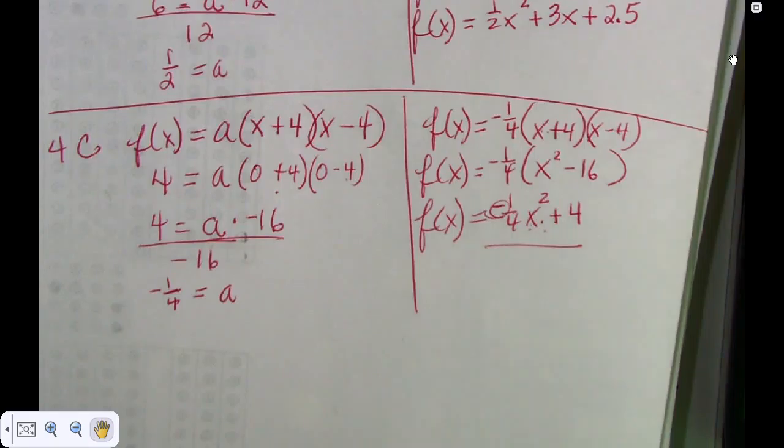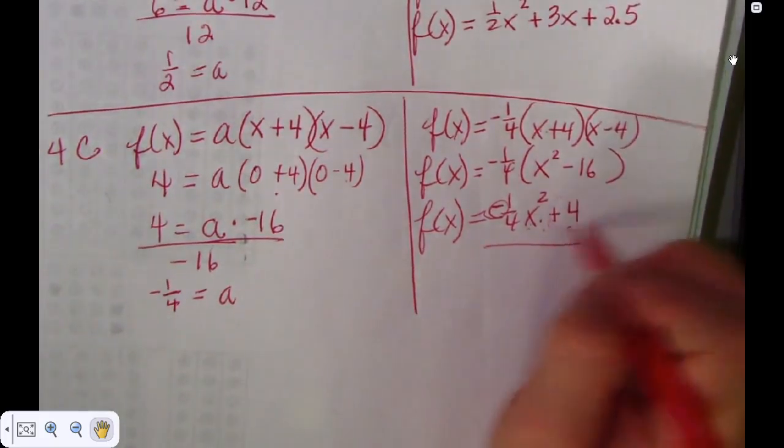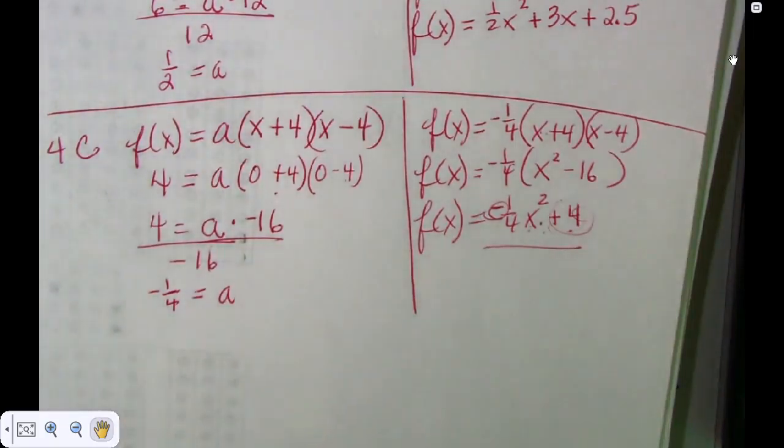At 0, 4, right? So the line of symmetry is x equals 0. So it's going to be centered on the y-axis when it doesn't have a middle term. The plus 4 is going to be your vertex, the top, the maximum, because it's coming down.